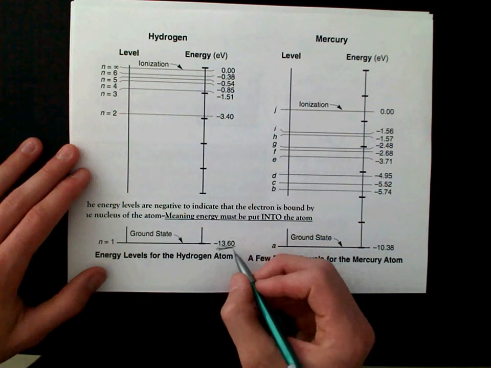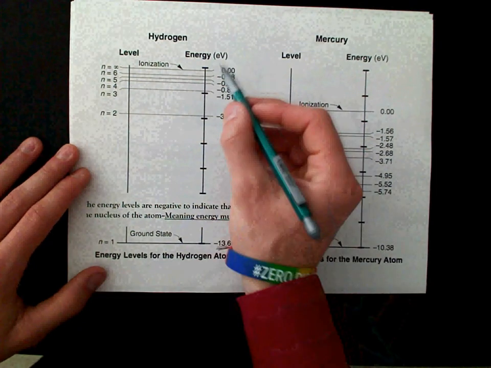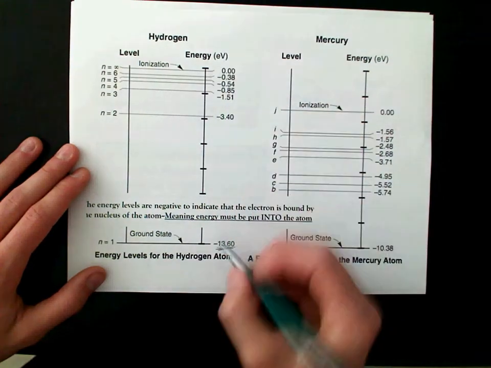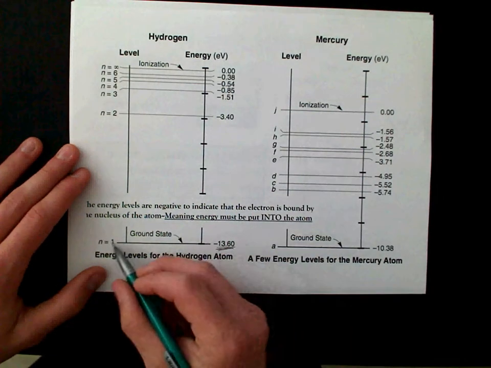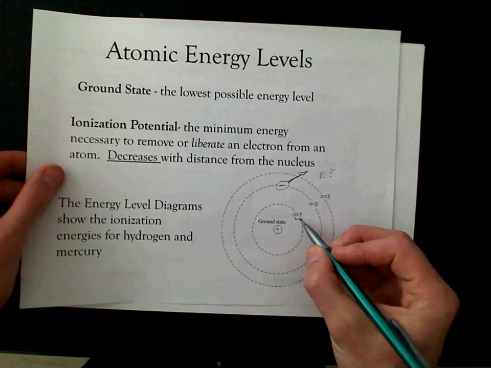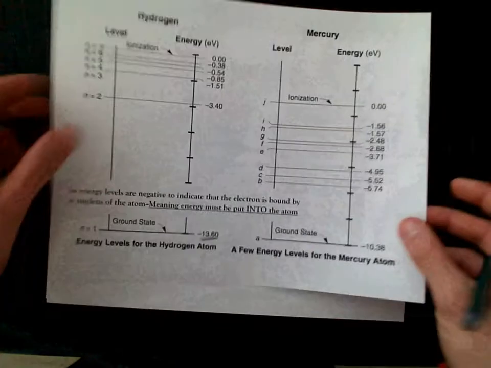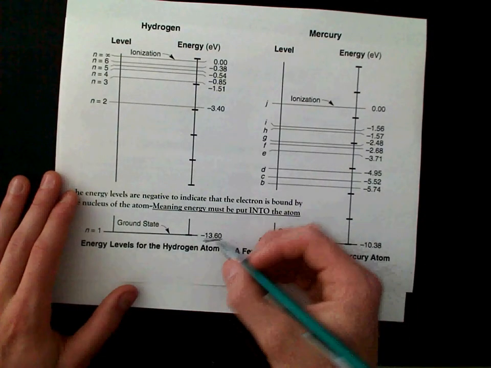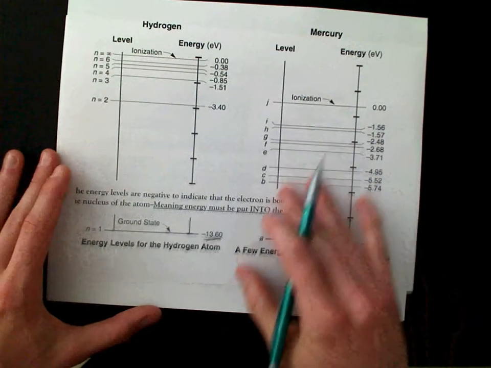Right here is our ground state for hydrogen, and this number represents the amount of energy in electron volts it takes to ionize an electron at n equals 1. So there's some electron at this state.